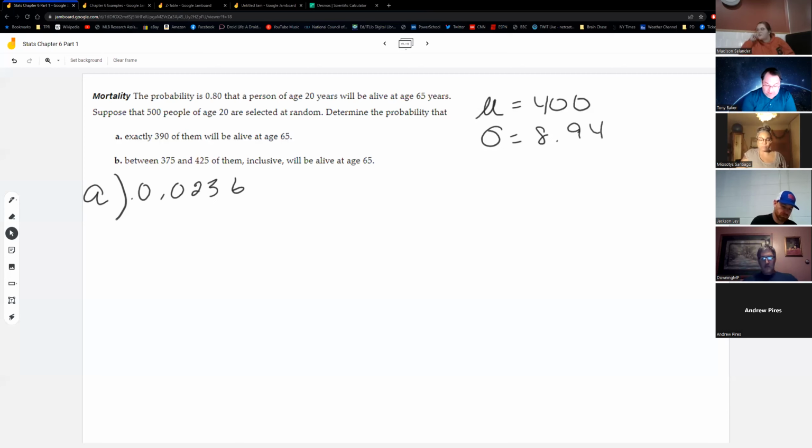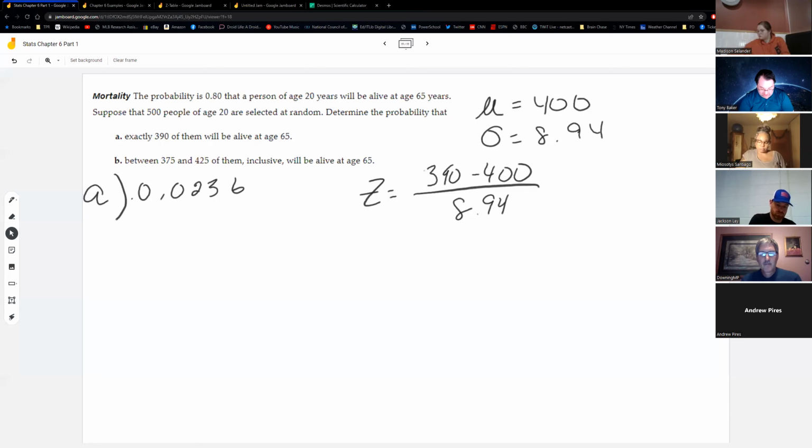So let's use our z-scores. My z was 390 minus 400 over 8.94, so you get negative 1.19.